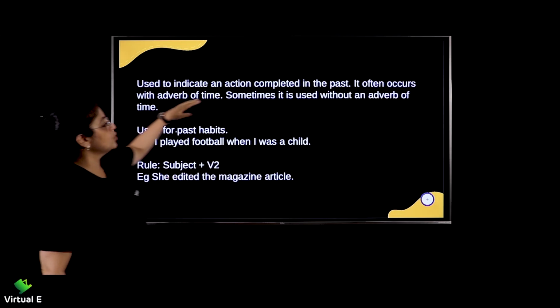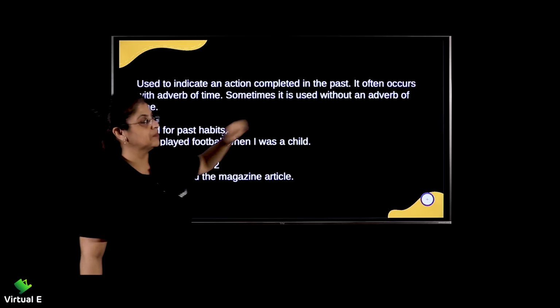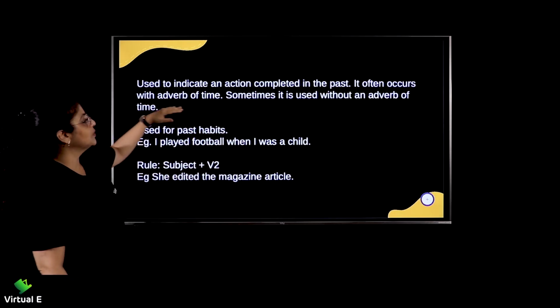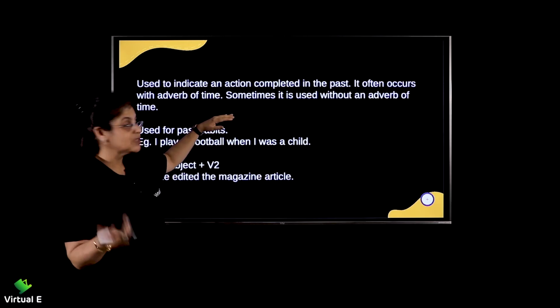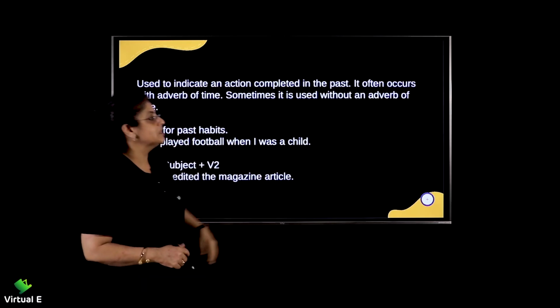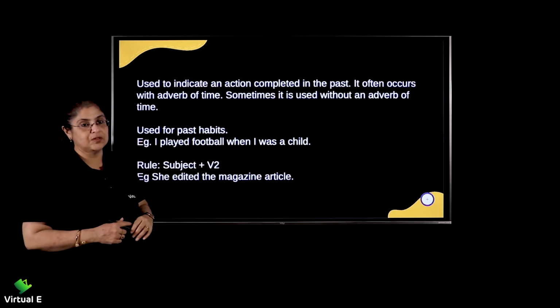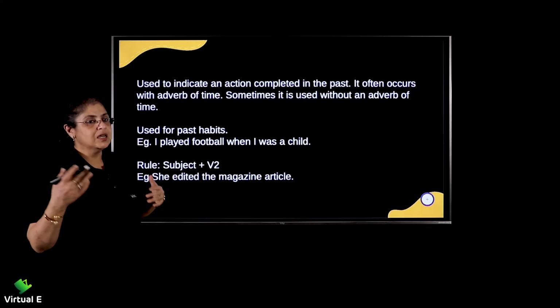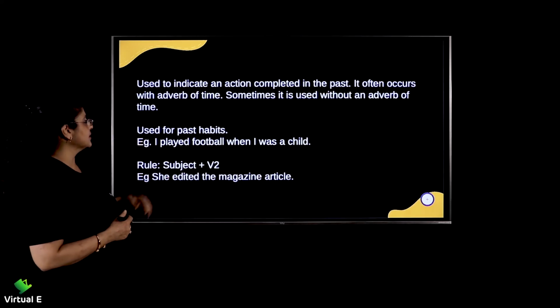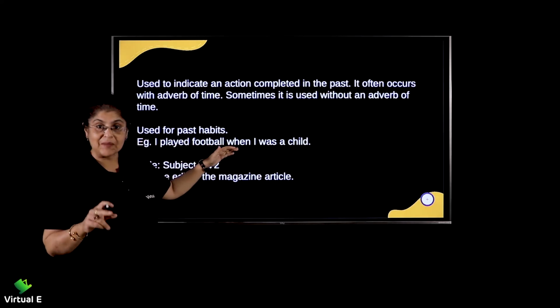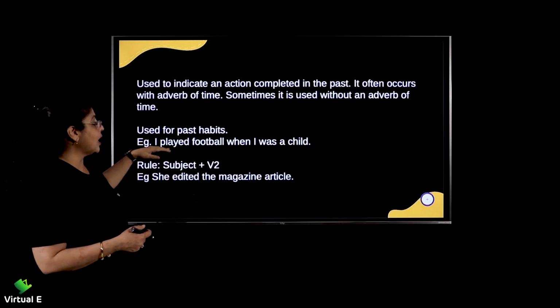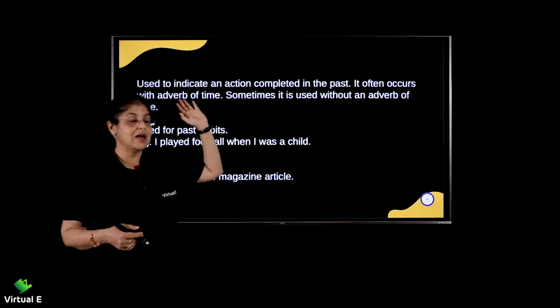So it is used to indicate an action completed in the past. It often occurs with the adverb of time. I just mentioned it to you. Sometimes it is used without an adverb of time. Well, that depends on how and when you're using those sentences. It is used for past habits. Now, these are the different uses. So, I played football when I was a child.